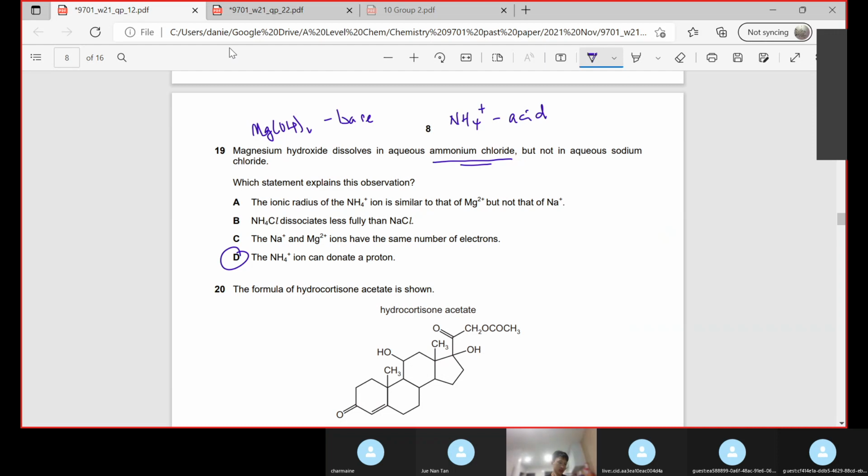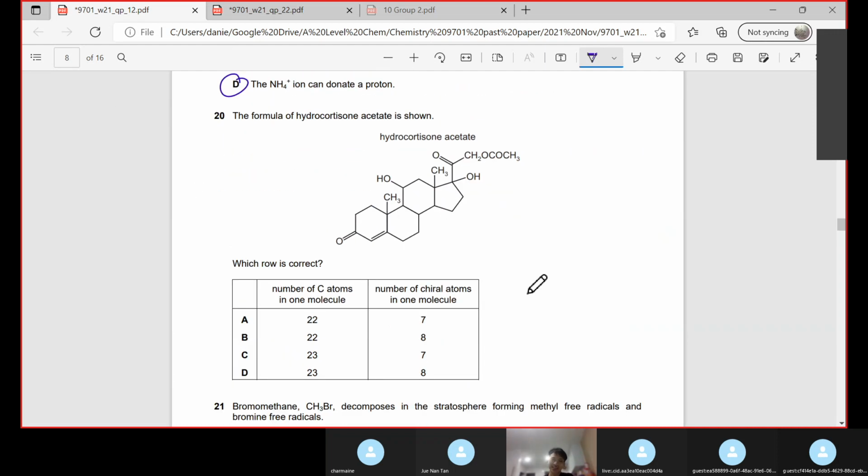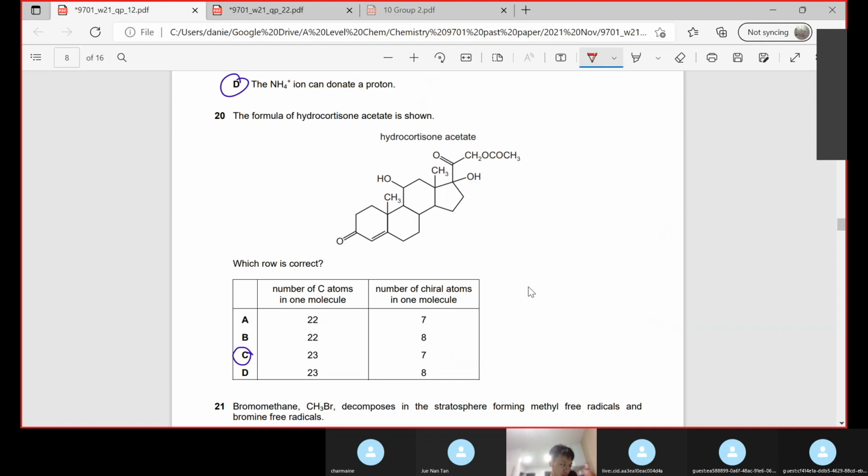Okay, 20, basically you just count it. The answer is C. Here I will make marking on the chiral carbon: 1, 2, 3, 4, 5, 6, 7. Yeah, 7.